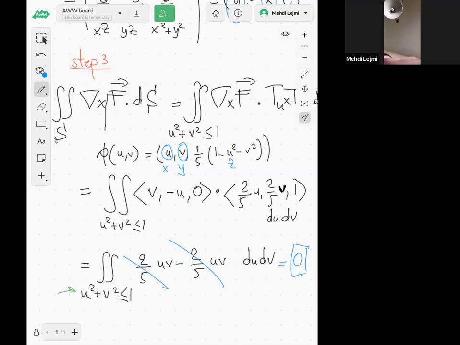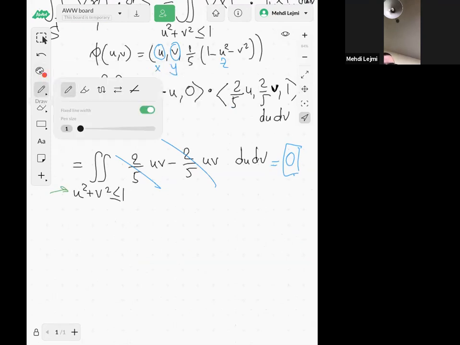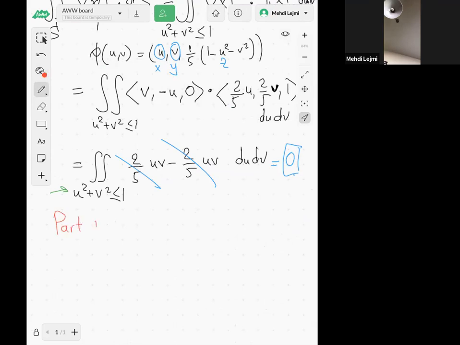Okay, so we got the left side. Now what about the right side of Stokes theorem? So now the right side. We have to evaluate part 2, the right side of Stokes theorem, and that will be the vector line integral of F along the boundary.